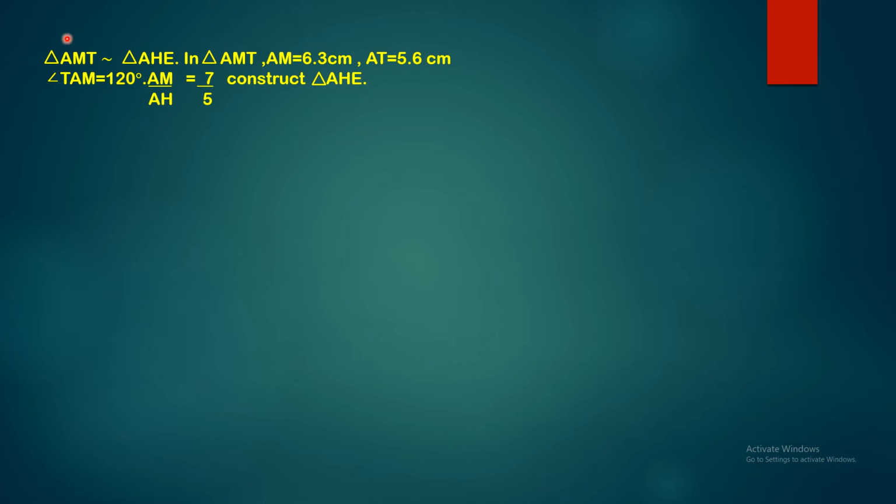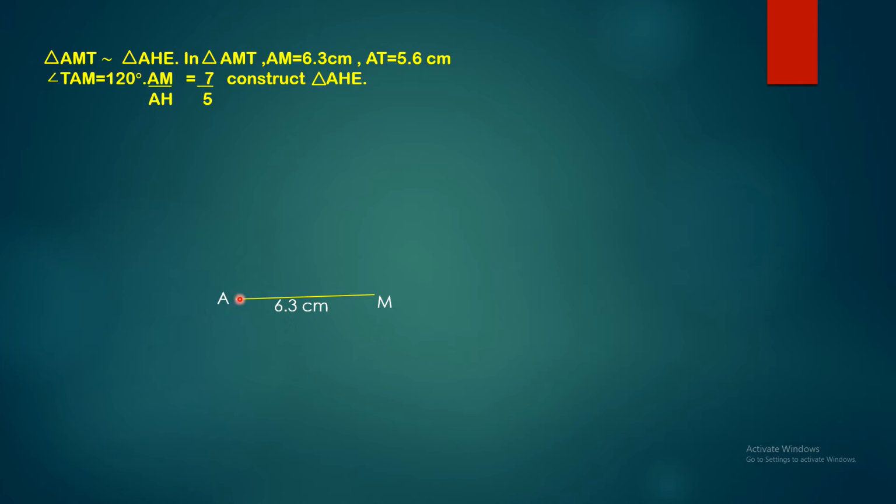In this figure also, note down that the point A is common. So we have to put the point A on the left side of the figure. Okay. So draw the line segment AM. This segment has a measure of 6.3 centimeters, and we are putting this point A, which is common, on the left side.